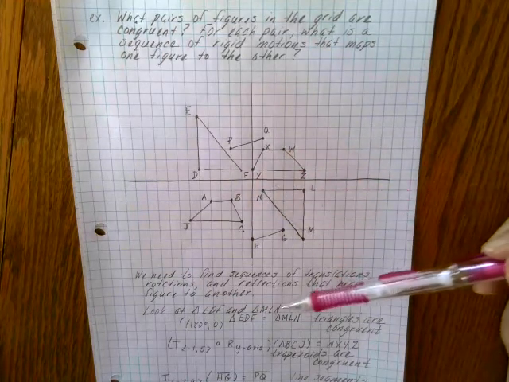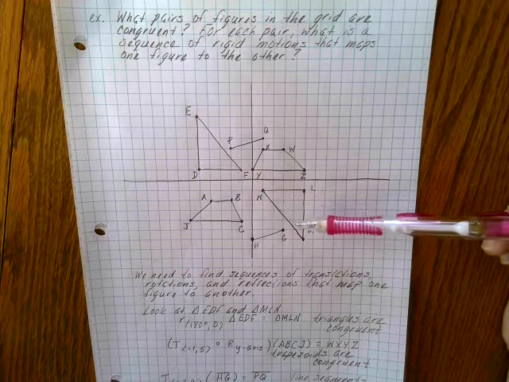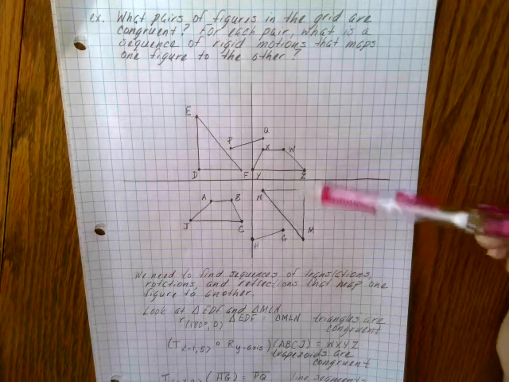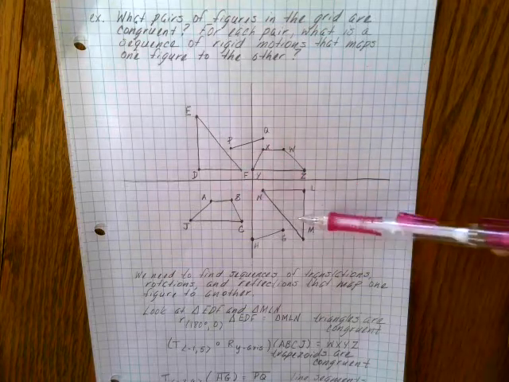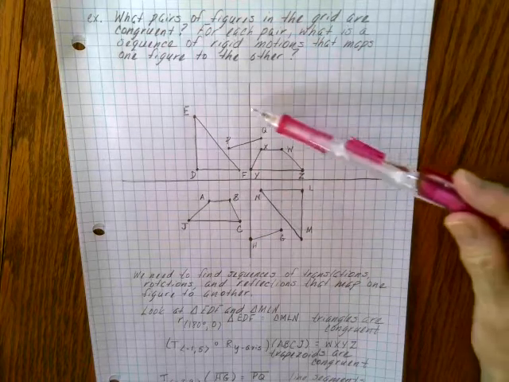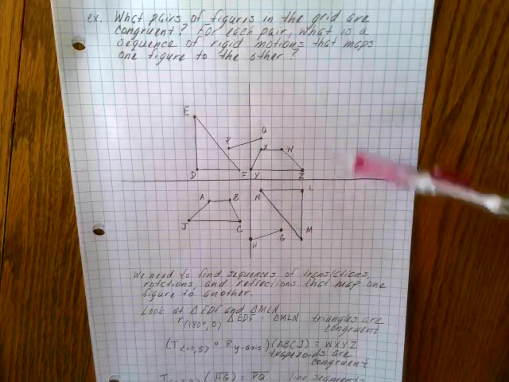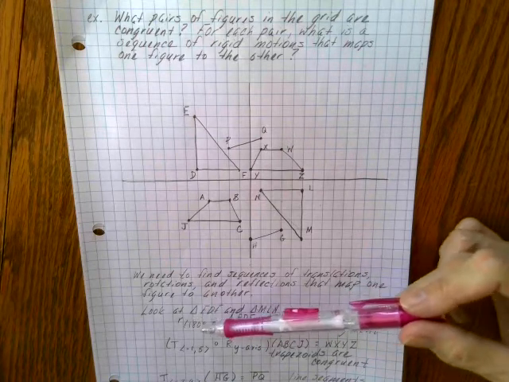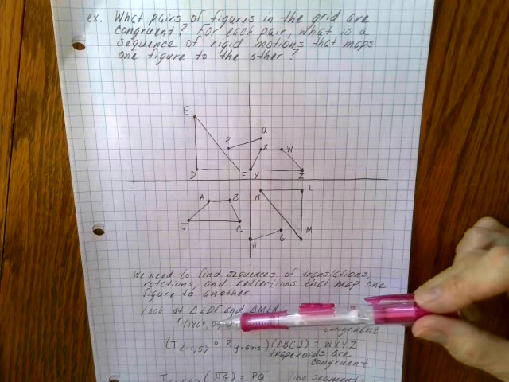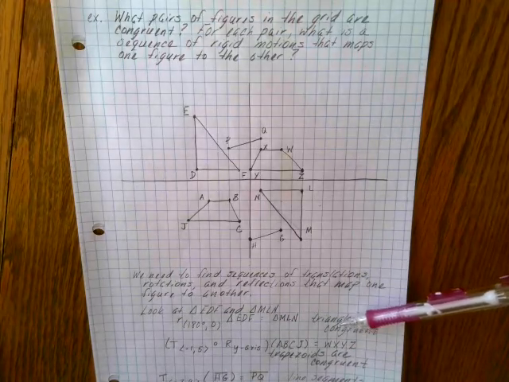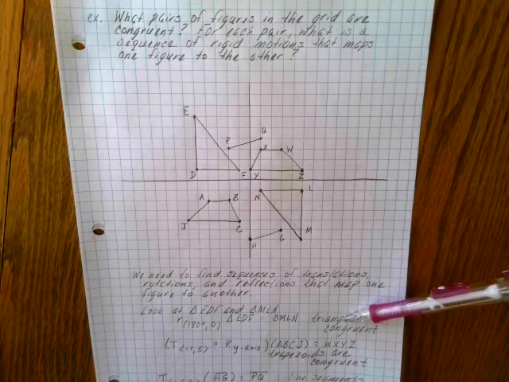What looks like it has happened? Well, it looks like I rotated EDF 180 degrees. From here to here is 90, from here to here is 180. Each one of our quadrants is 90 degrees. So I'm going to rotate it 180 degrees around the origin, and now that I corrected my picture, that gives us triangles that are congruent.